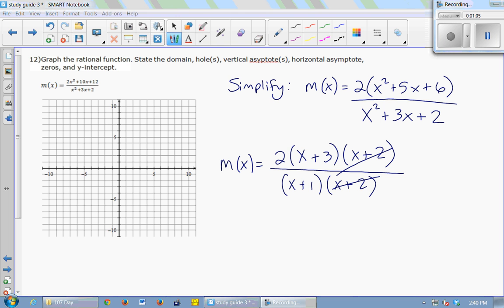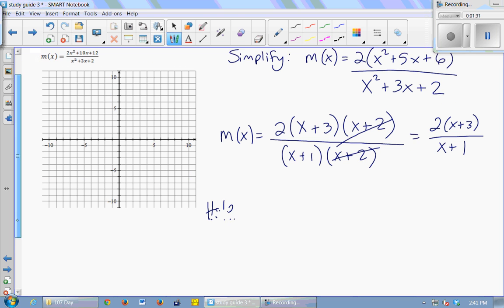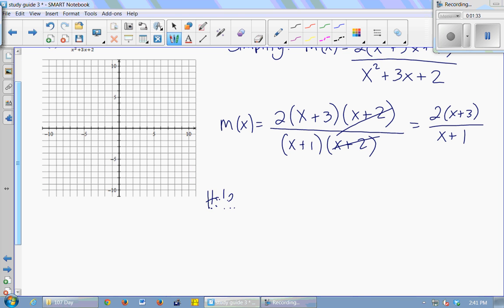Whenever you have a factor that is repeated in the numerator and the denominator, the x value that makes that factor 0 will create a hole in the graph. Now that I've done my simplification, I know that there's a hole in the graph at x equals -2.